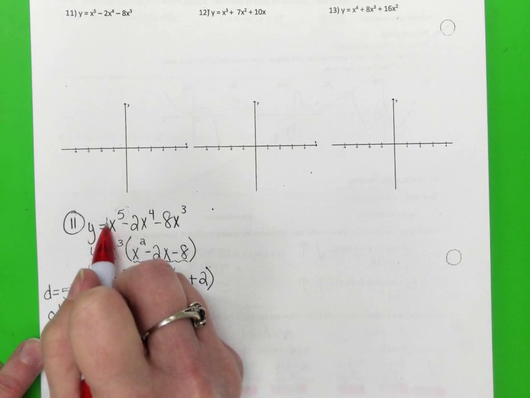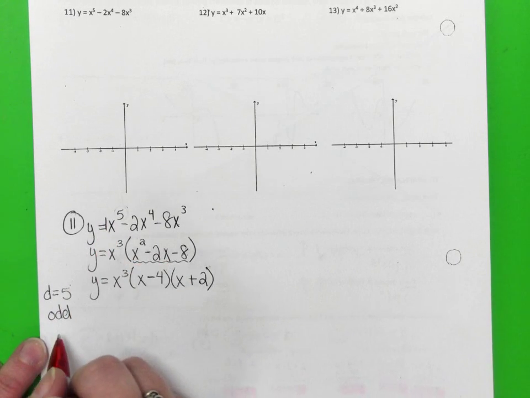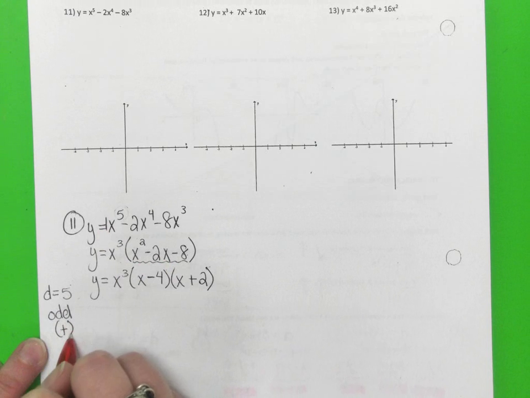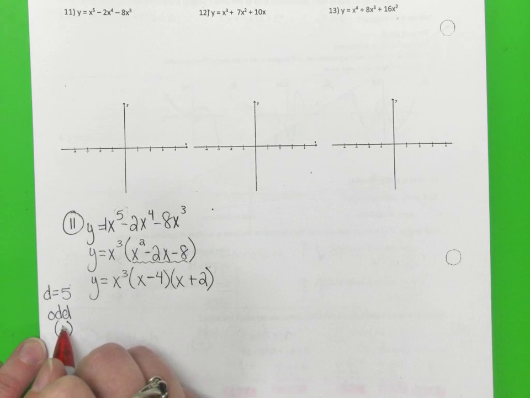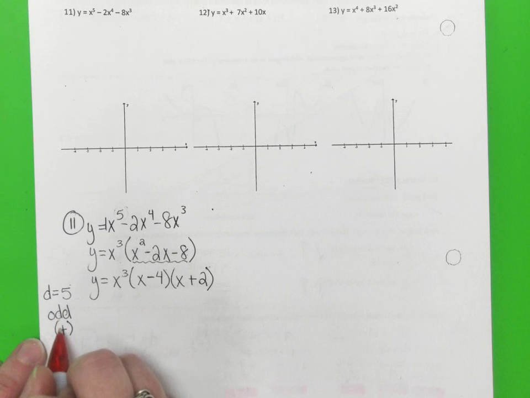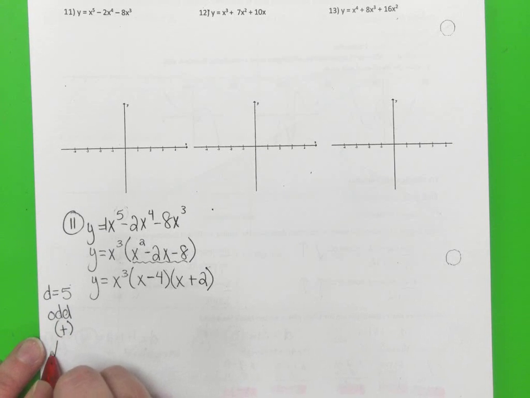Our leading coefficient is an understood positive 1. So it's odd and positive. If you need to flip back over real quick, what does that tell us about our end behavior? If it's odd and positive, the first one's going to go down, the second one's going to go up.